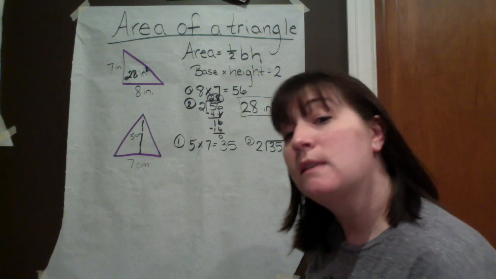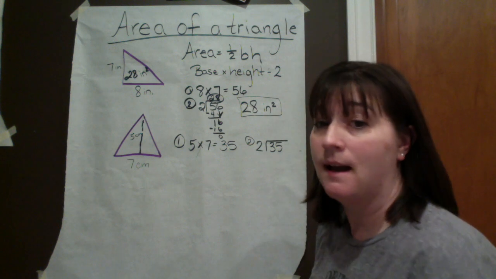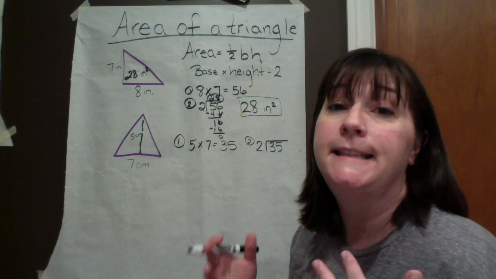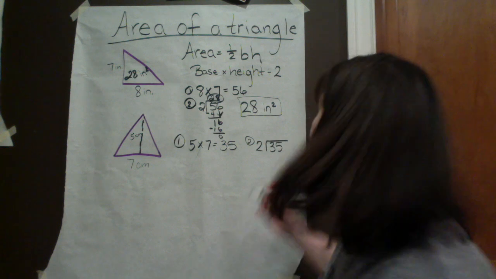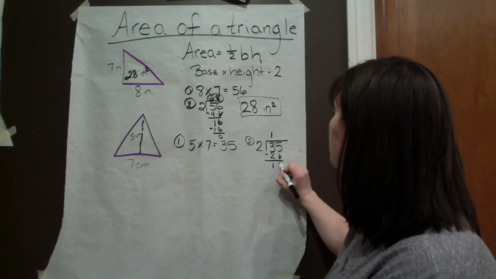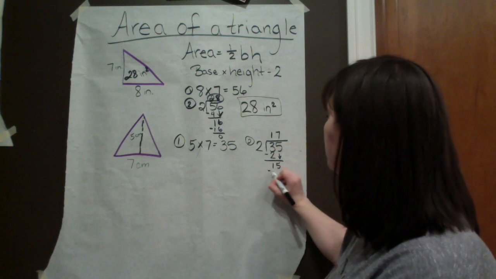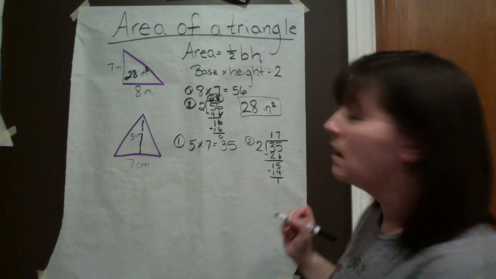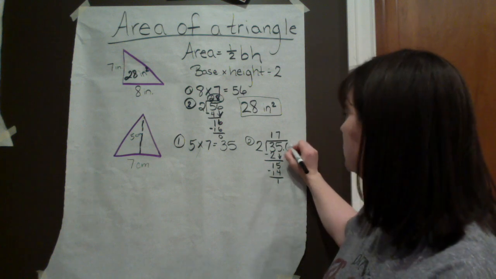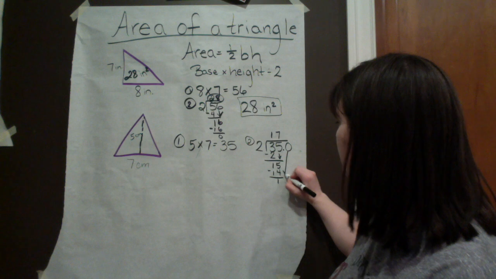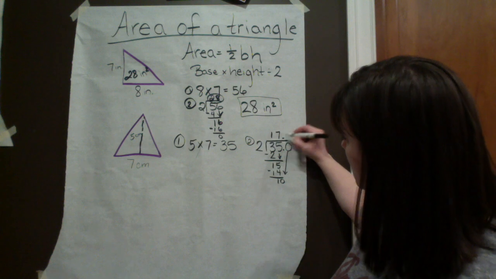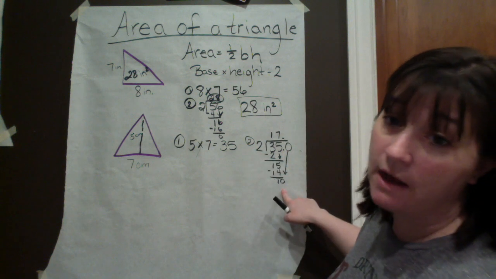My problem with this one is that it is not an even number. So I'm either going to have a fraction or I'll have a decimal as part of my answer. So now if I'm doing this as a decimal, add my decimal and a 0, bring down my 0, make sure to bring that decimal straight up. 2 goes into 10 5 times.